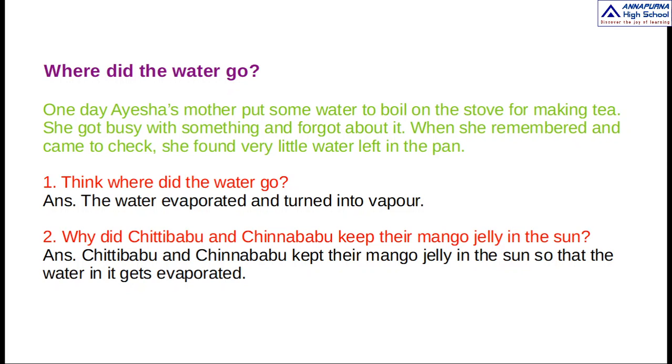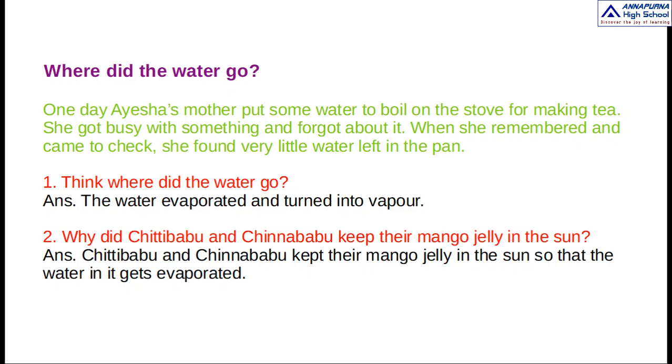Are you understood? Yes. What happened here? Think, where did the water go? The water evaporated and turned into vapor. What happened here? Evaporation happened. The water evaporated. That means water turned into water vapor. When we boil it, when it gets heat, it automatically evaporates.